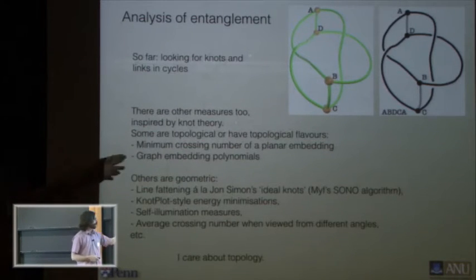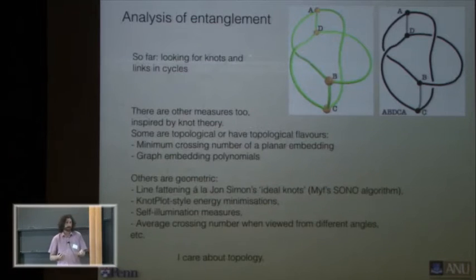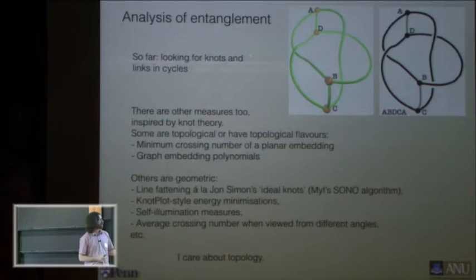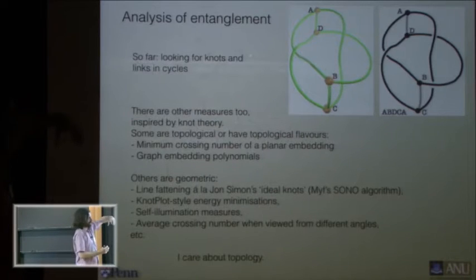There's also graph embedding polynomials, which are great. They're a really powerful measure, but they're not really human interpretable, and nor are they unique to a particular graph. We've got other geometric measures, so you can fatten up the edges until it gets as puffed up as it can get, and that's a measure of its energy.